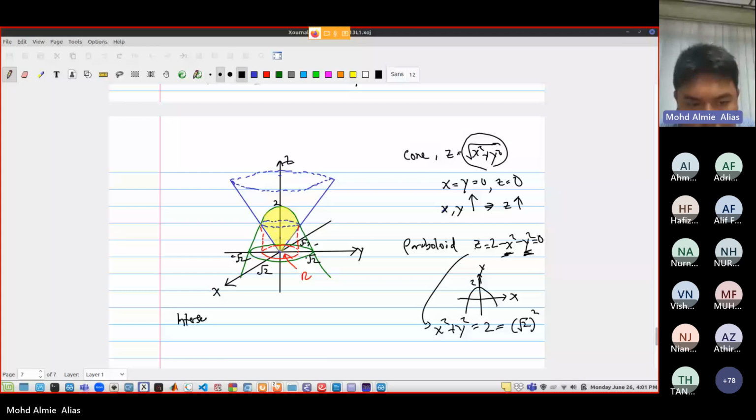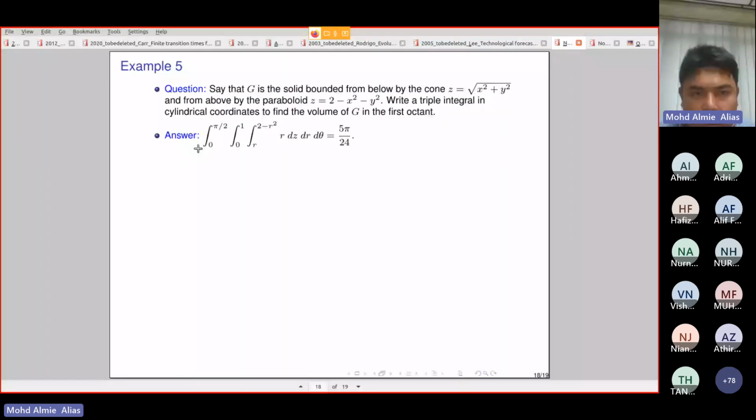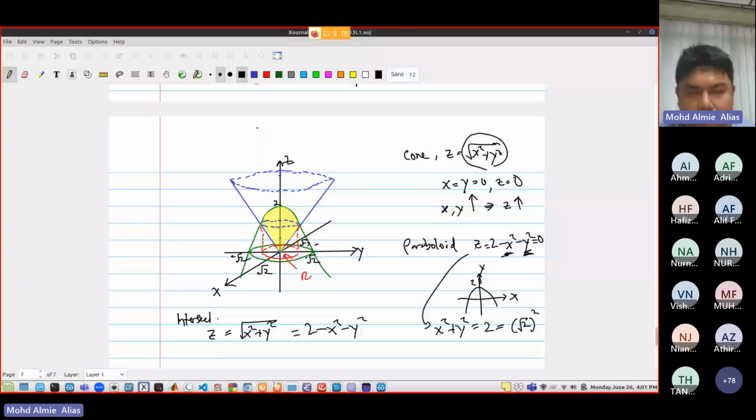So you have Z, which is square root of x squared plus y squared, and then the second function is 2 minus x squared minus y squared, and you're supposed to get a circle with a certain radius. I think it equals 1. So please try to solve this, and you're supposed to get this.